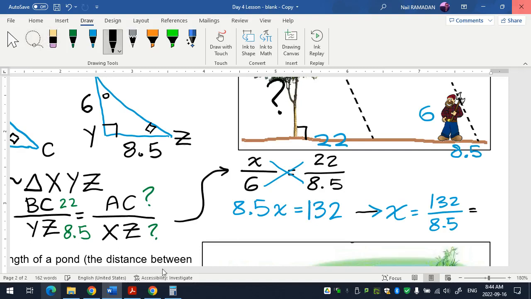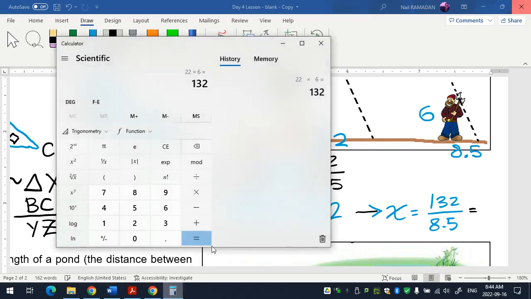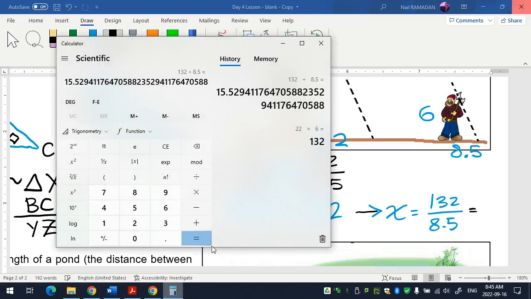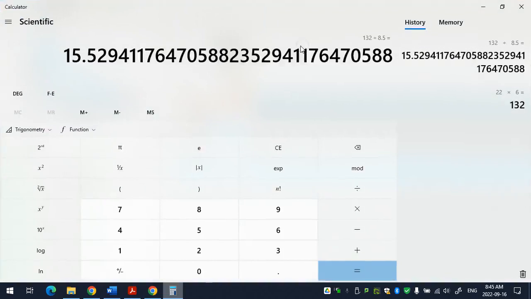Now let's see the rounding. Divided by 8.5. What's the rounding situation as far as the question is concerned? It's saying one decimal place, not one whole number. So that means I have to cut right here.